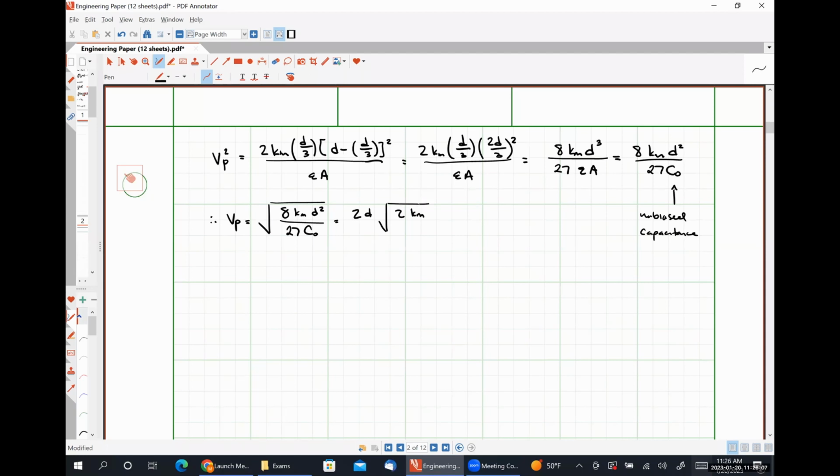I'm going to pull out a factor of 3 for my denominator. That's going to leave me with a 3 C naught here. And then I could rewrite this as 2D over 3 times the square root of km over 1.5 C naught.